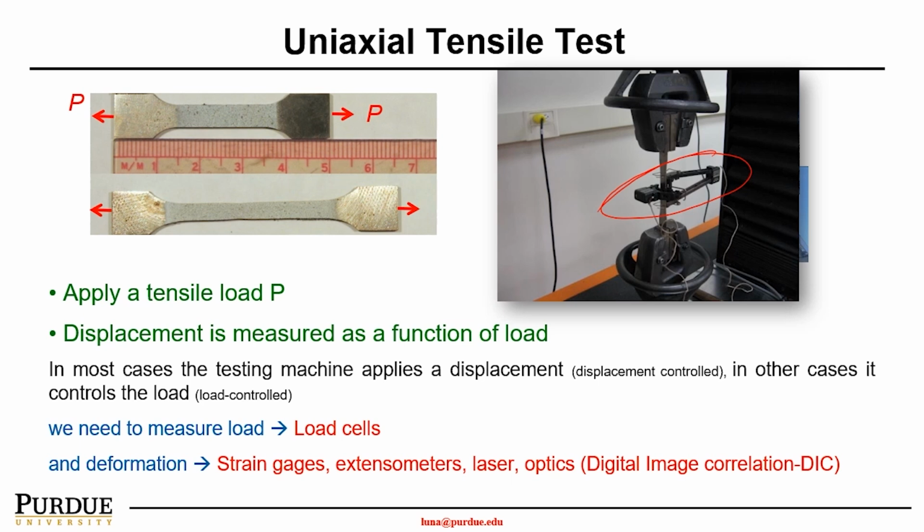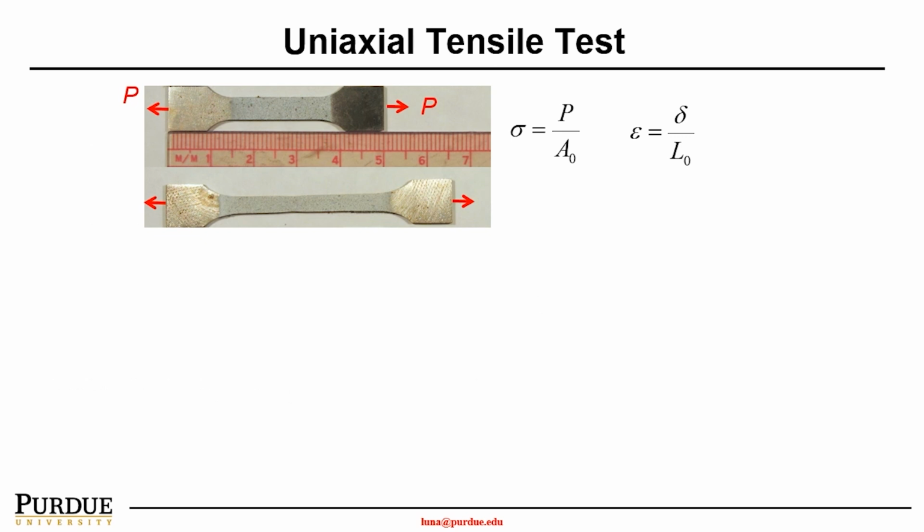Or, there are newly developed methods such as using a laser or optics, for instance, digital image correlation, DIC, which has a better or more accurate measurement. To describe material property, in this case, I will use high strength steel as an example, as shown in the figure here.